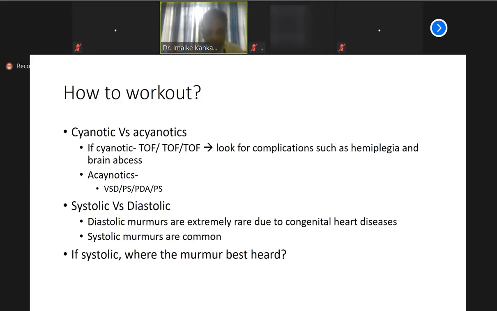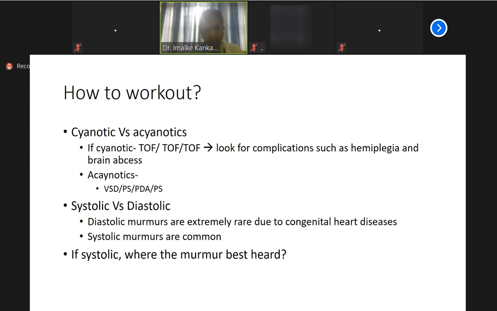Whether you like it or not, that's the case. So don't try to diagnose or give other conditions like transposition of great arteries, tricuspid atresia, double outlet right ventricle, truncus arteriosus. Lots of cyanotic heart diseases are there.